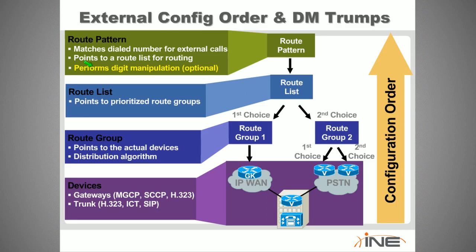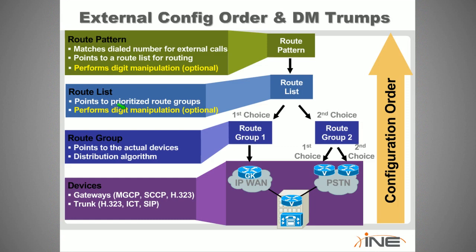We have the ability to perform digit manipulation at the route pattern. We also have the possibility, optionally, of performing digit manipulation at the route list level. Actually, it should be noted that it is route list details, so it is the route group within the route list.